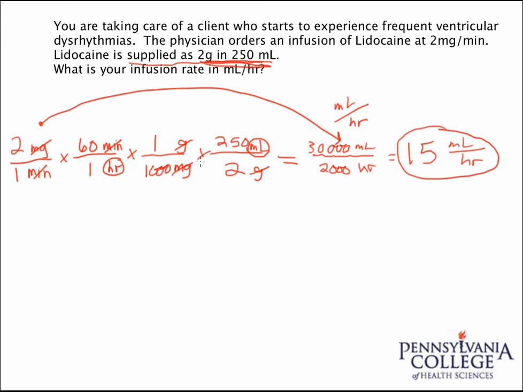Sure, but I first had to convert it into grams and then milliliters. And actually, the first thing we did was convert minutes to hours. It doesn't matter if you do the minutes to hours at the end or in the beginning. Notice it would still be in the same spot. The trick here is knowing that we can't go directly from milligrams to milliliters unless we do some sort of conversion.